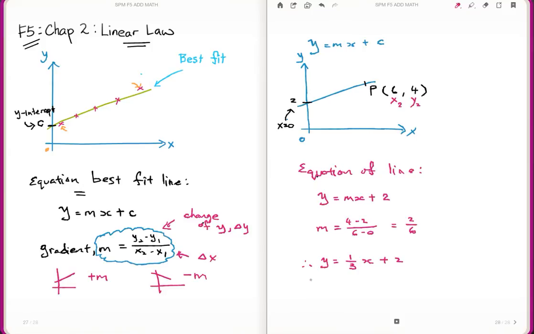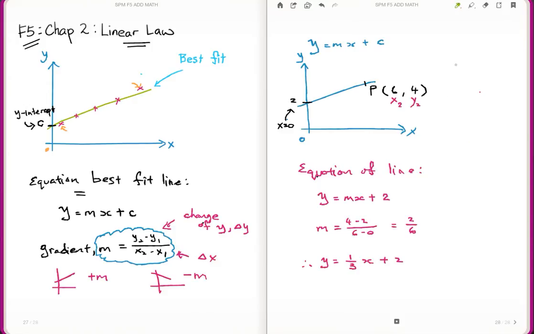This is one example where you were asked to look for an equation. In this chapter, the question will be given in graph form, which we can't do over here, but the concept is very straightforward.